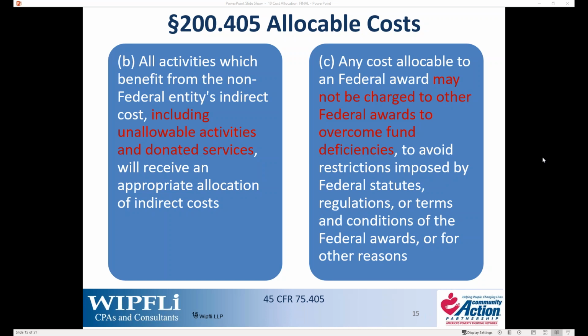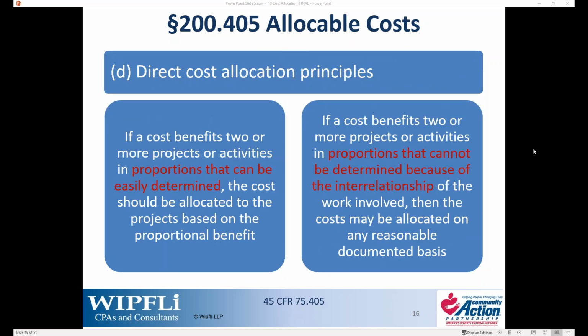So one of the things that I tell agencies consistently is you allocate first and ask for reimbursement second. So you have to make sure that you are following your cost allocation methodology. Now, under the direct cost allocation principles, things that we have to keep in mind, it says if a cost benefits two or more projects or activities, in proportions that can easily be determined, then allocate based on that proportional benefit.